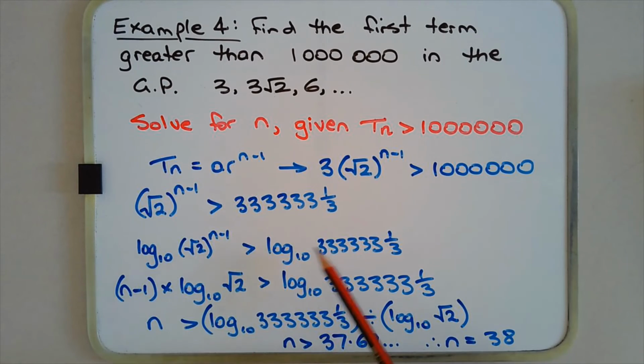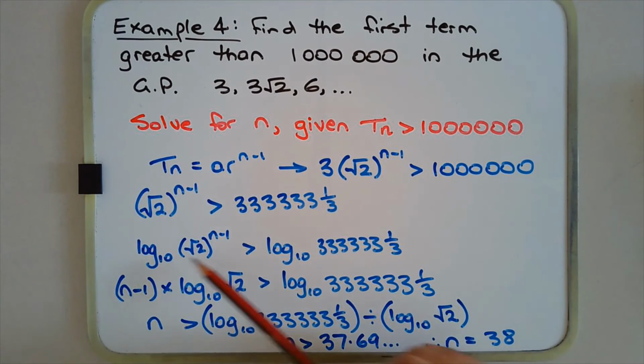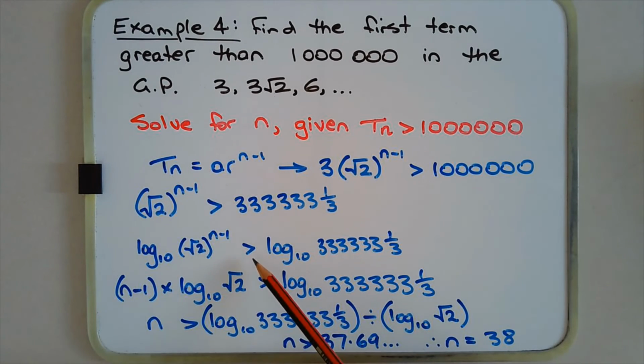So now we take logs of both sides, and you can use any base, but I'm just going to use log base 10. I know in a previous example I used the natural log, so ln, but you can use log base 10. So log base 10 of square root of 2 to the power of n minus 1 is greater than log base 10 of 333,333 1/3. And we can use one of the log laws here, so log law number 3, to take out the n minus 1 and bring that out to the front.